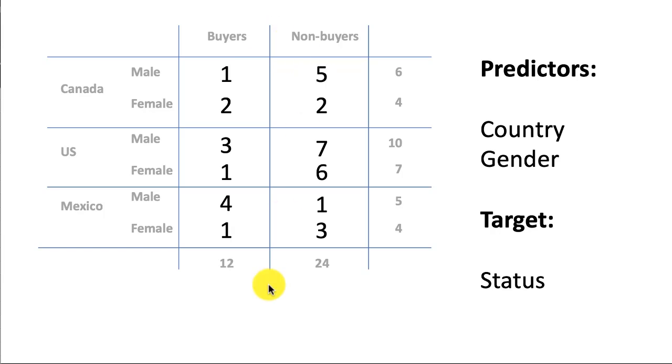For example, given that a person is Canadian, that is country equals Canada, gender equals male, what is the probability of being a buyer? Well, there are a total of 6 people of that description. Out of that, 1 is a buyer. So probability of being a buyer is 1 by 6, non-buyer is 5 by 6. So you can calculate these kinds of things.